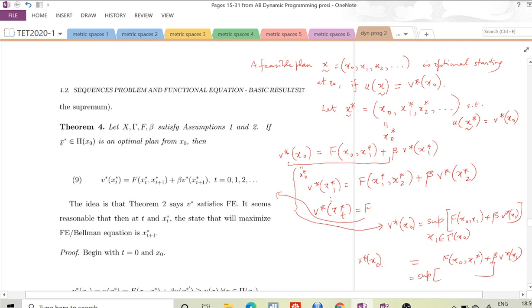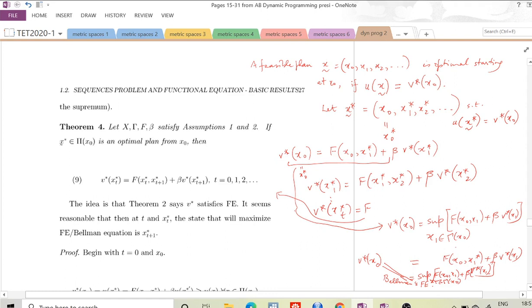Okay, because V star anyways satisfies Bellman's. This is Bellman's functional equation. So what is being said is now, if instead of the x1 I put in the x star 1 from the optimal plan, I'll have this equation, right?